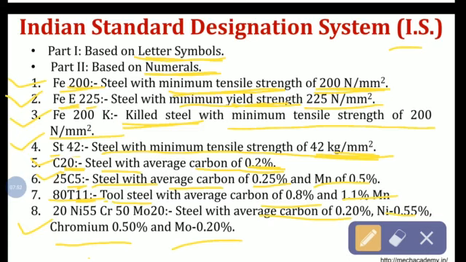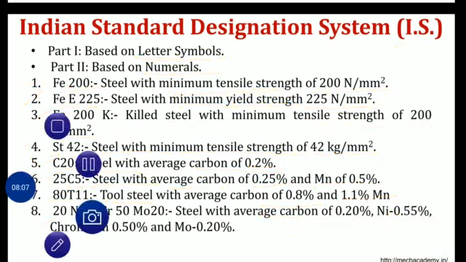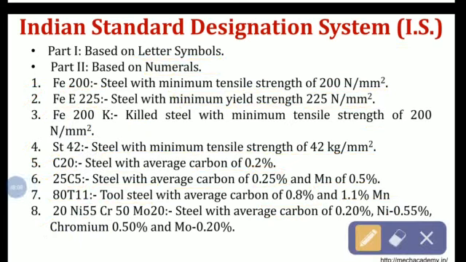So again, I would like to tell you that there are a few more examples. Suppose the example is like this. Sometimes it is shown that chromium 65 and there is underline below both the numbers 6 and 5.